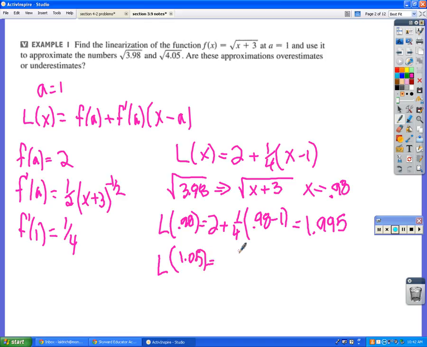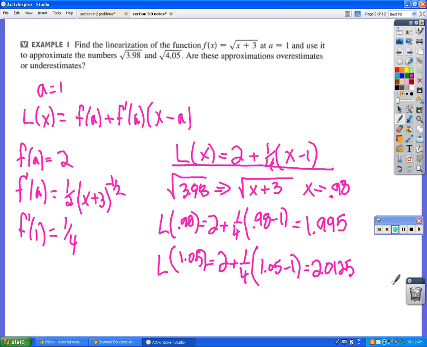Okay, so again I'm going to use our linearization formula: 2 plus 1/4 times 1.05 minus 1 equals 2.0125.